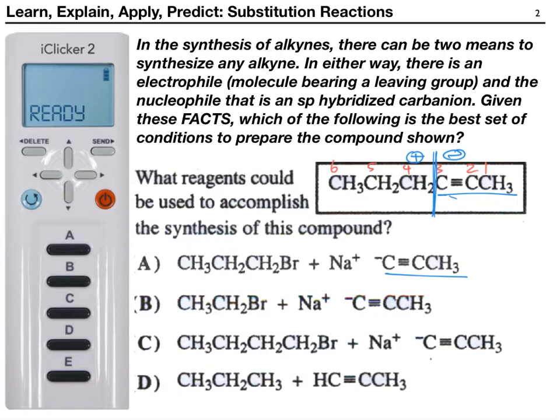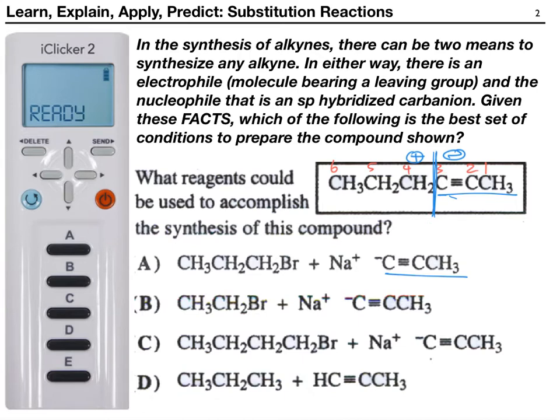So in the prompt here, I said there are two means. This problem is showing you one way. What's another way to make this molecule where we dissect the nucleophile and electrophile differently? What I mean by dissect, this is the dissection point between 3 and 4.